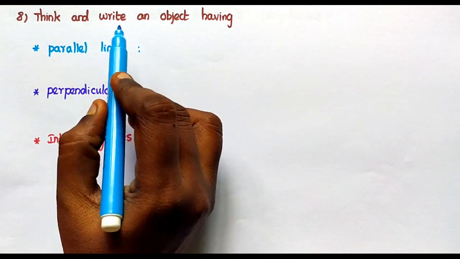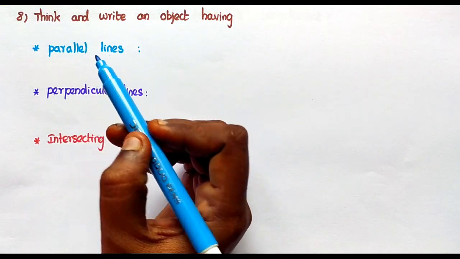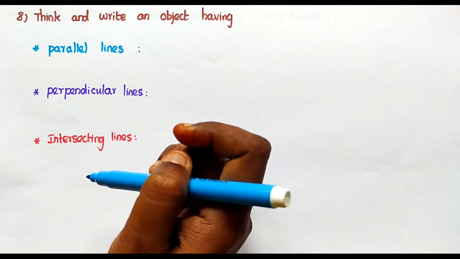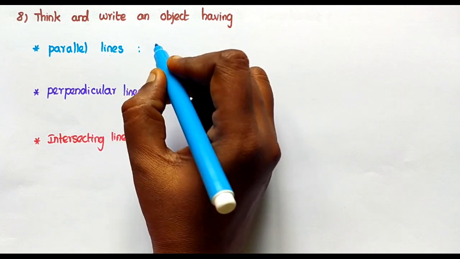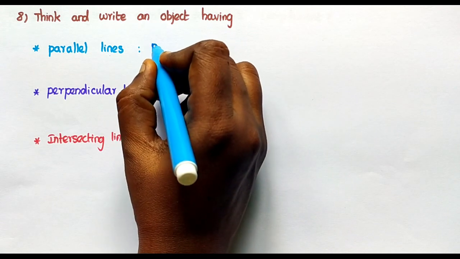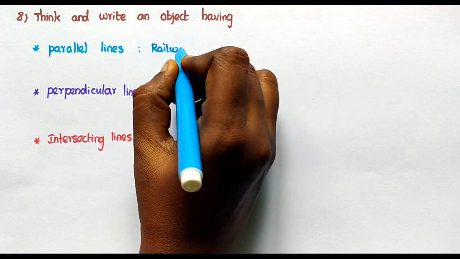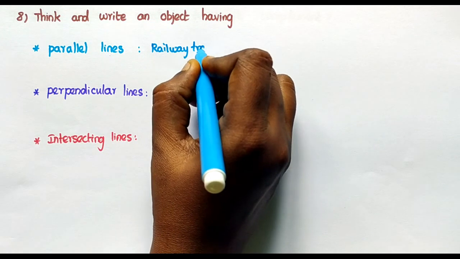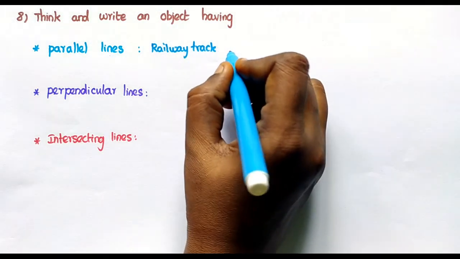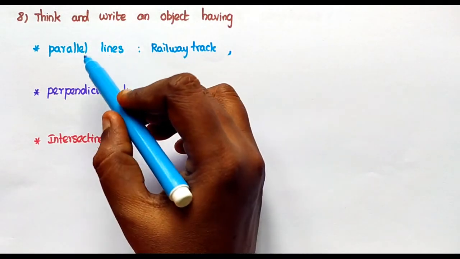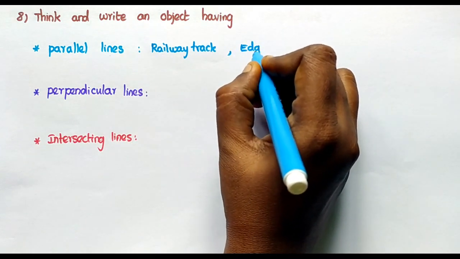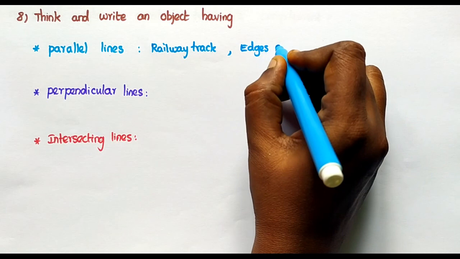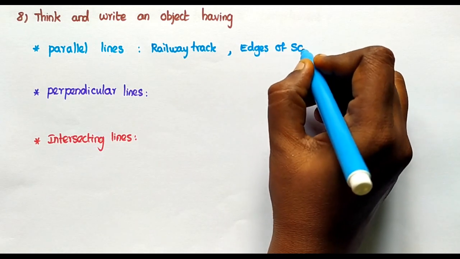Eighth sum, think and write an object having parallel lines, perpendicular lines, intersecting lines. Listen, parallel lines. First we think about railway track. Next one, edges of the scale or book.